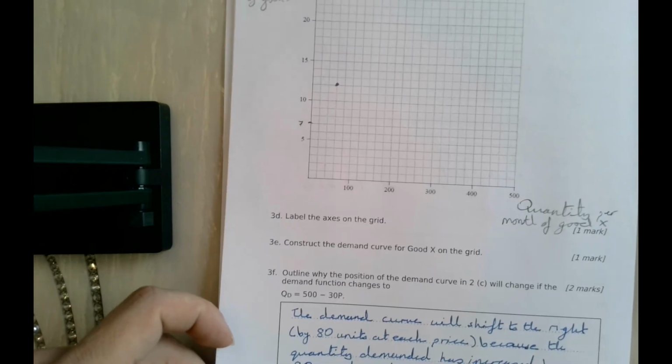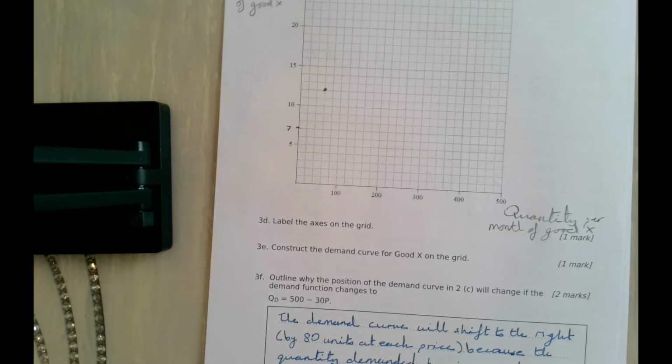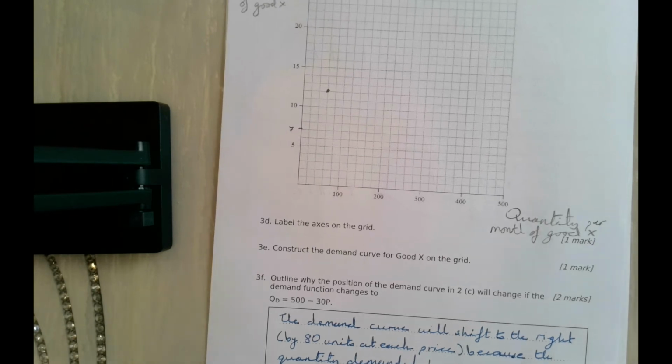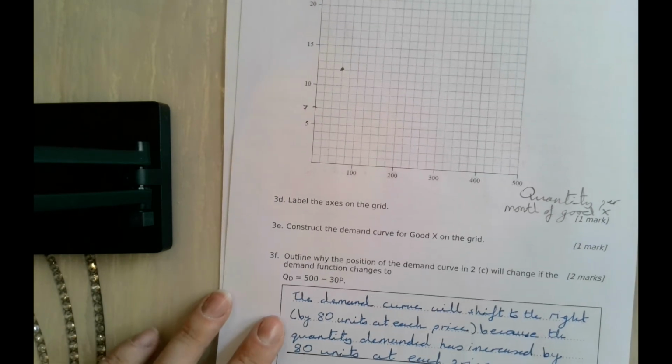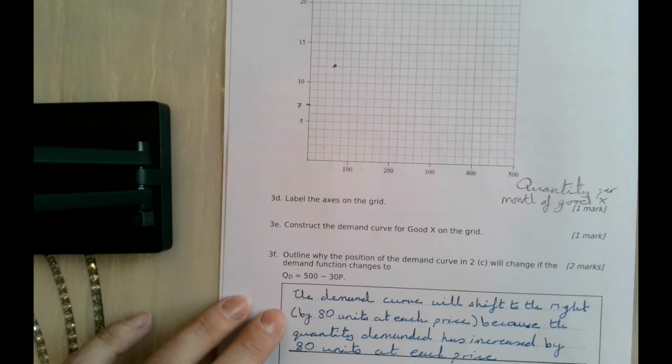Now we're going to have to work out another point. A great one to do is when you set price equal to 0, because that will tell you the quantity where it cuts the quantity axis. So we've got QD equals 420 minus 30p.